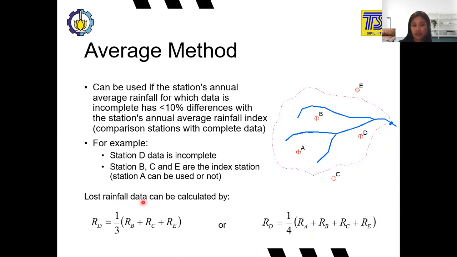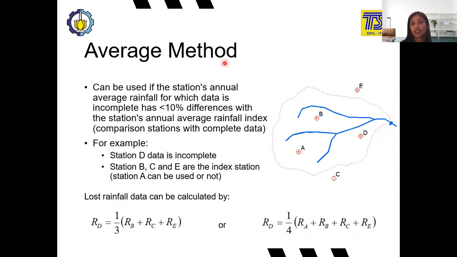So it is okay if you only use the B, C, E data, but it is also okay if you want to use the B, C, E, A data. If you only use 3 data, you calculate the average by dividing by the number of the data, in this case, 3. Or if you use station A also, you calculate the average by dividing by 4, because you use data from 4 stations.